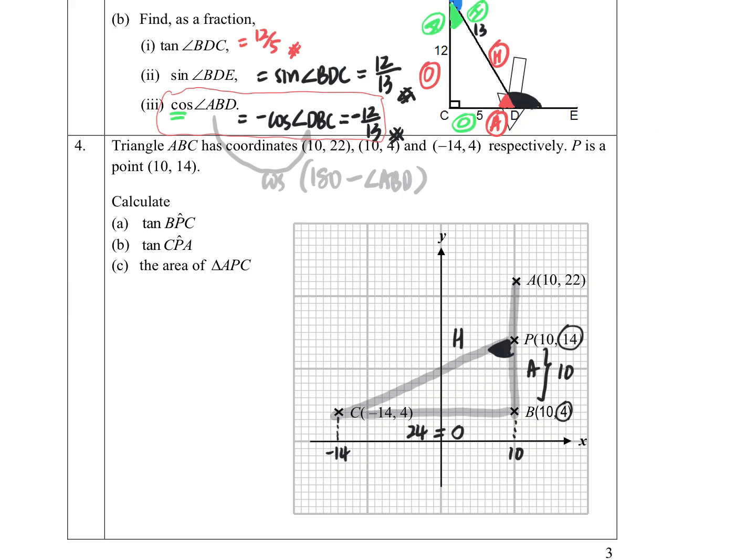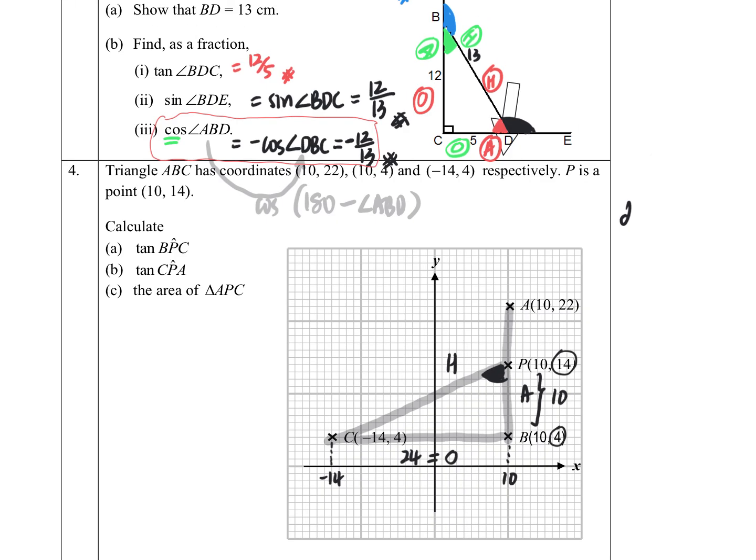Okay, H I can't read. I have to use Pythagoras theorem to help me. So 24 square plus 10 square. Then I take a square root. It gives me a nice 26. So my H is 26 units. So I can find the three sides by reading the values on the grid.